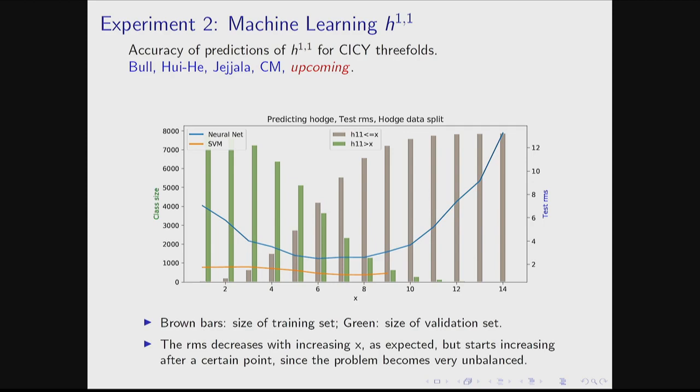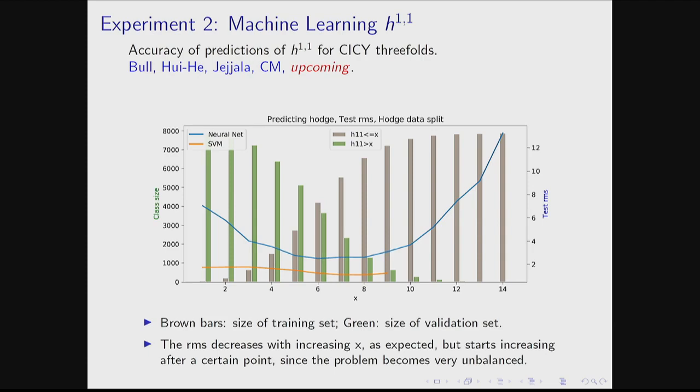Initially you start by training with a very small number of entities, and then you train with everything. Because the validation set is complementary, it decreases in size. So this is what I was mentioning: the error dips, and then as you train with more and more data, eventually the error grows because you have created a very imbalanced problem.